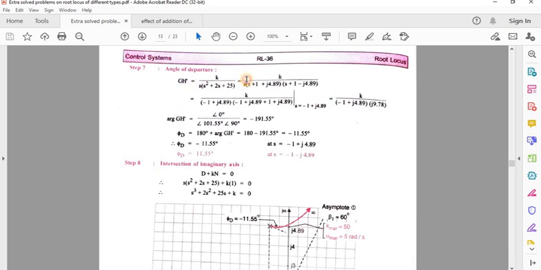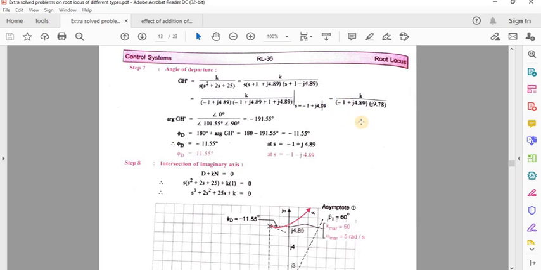This is the simplification of G of s. Just take this one firstly; no need to take the other one because it will be a replica of the first one. So put the value of the first pole here, s equal to the first pole.